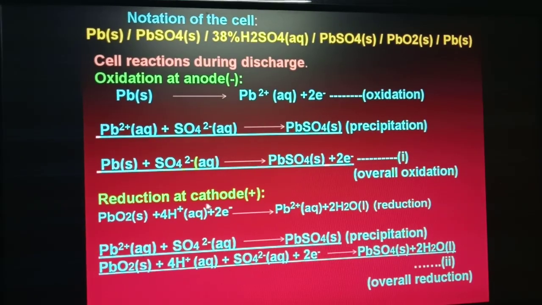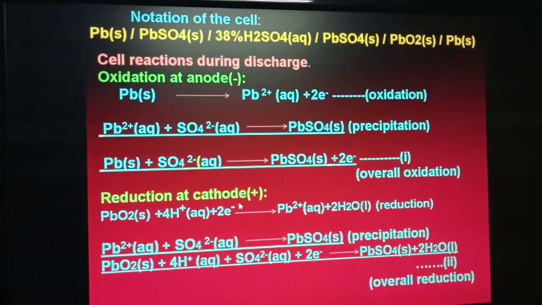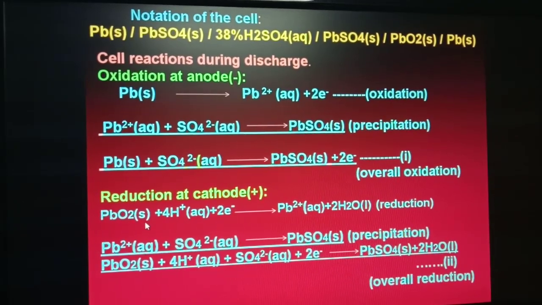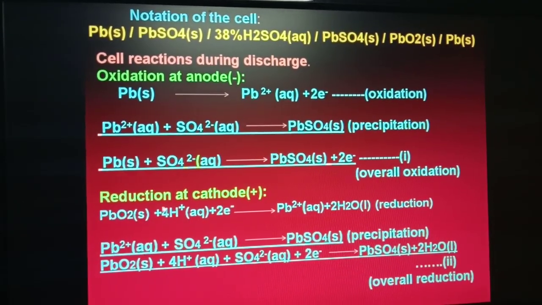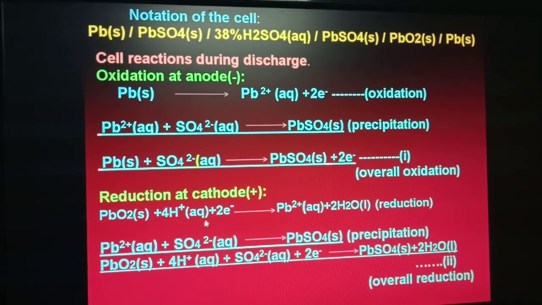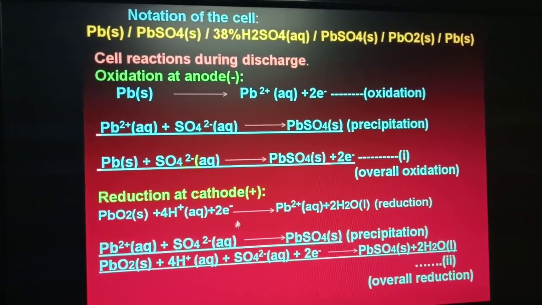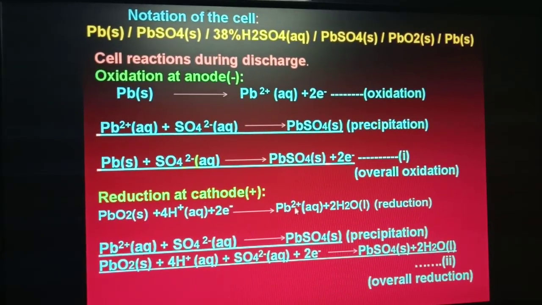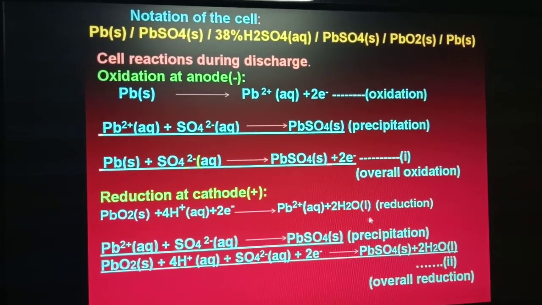Now let us study the reduction at the cathode. At the cathode, PbO2 solid combines with 4 H+ ions of the electrolyte and gains 2 electrons donated by the anode to form Pb2+ aqueous plus 2 H2O liquid.